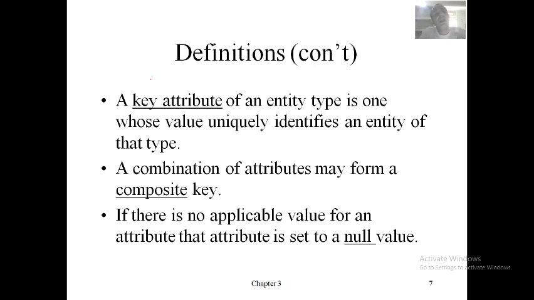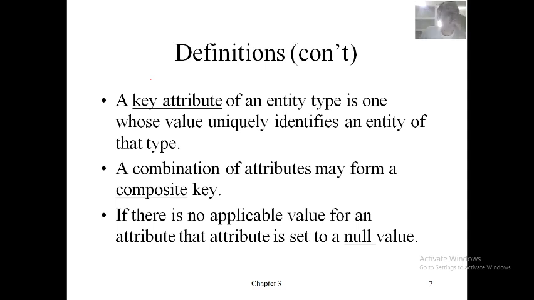Then it is not compulsory that every employee will have a mobile number. It is not compulsory that every student will have a mobile number. Am I right? Hence, you can keep this one as null.